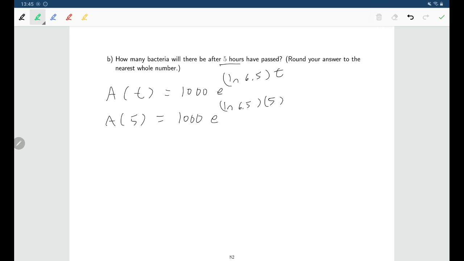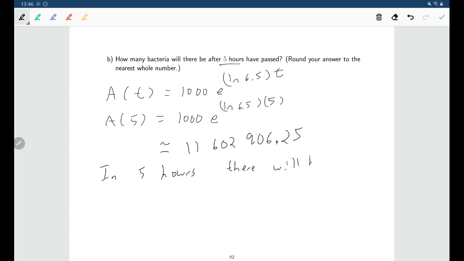When I do that, I'll come up with approximately 11,602,906.25. And so we can say that in 5 hours, there will be 11,602,906 bacteria.